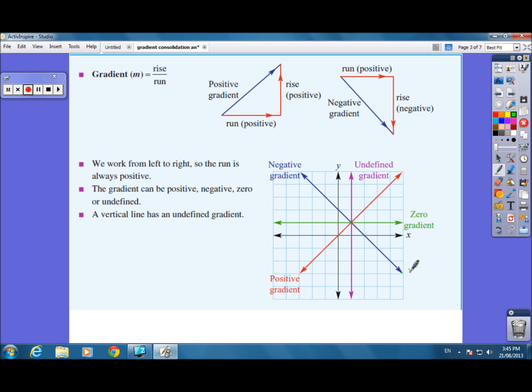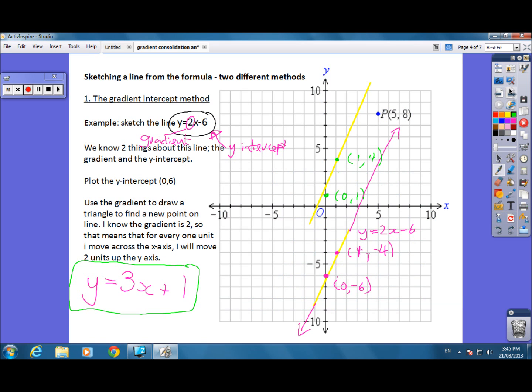You can also have lines with a 0 gradient, and that's a flat line, which makes sense really. They don't have any slope. And these ones here that go straight up, we call that undefined gradient. And you probably don't need to know any more than that we call it an undefined gradient. Okay, let's keep going.